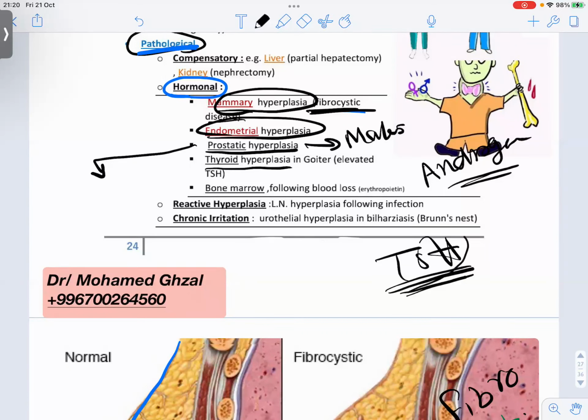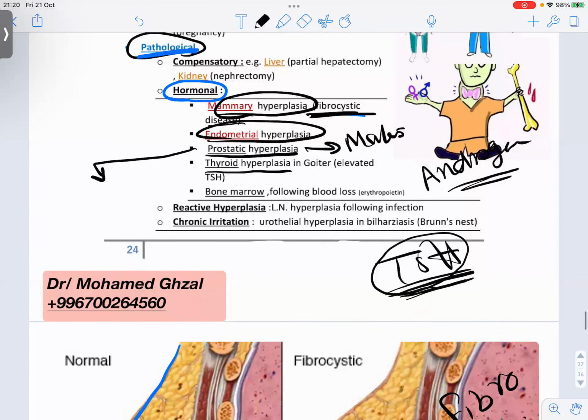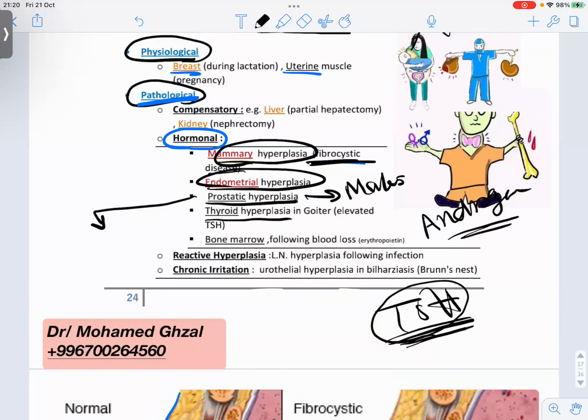So if you have a lot of TSH, TSH will go to the thyroid gland and stimulate hyperplasia of the thyroid gland and increase blood supply, and the cells will start to increase in number. It's called goiter. So this is the first example of pathological hyperplasia, hormonal hyperplasia.